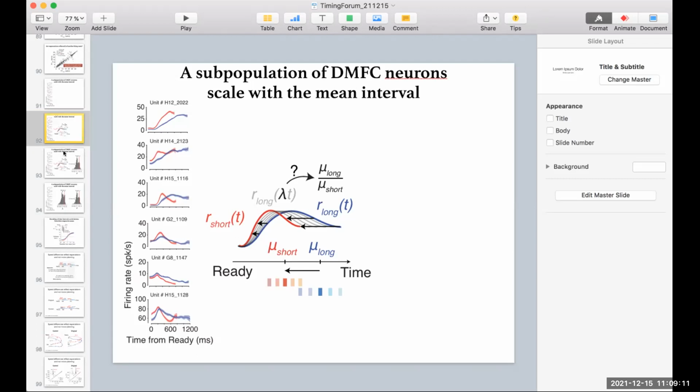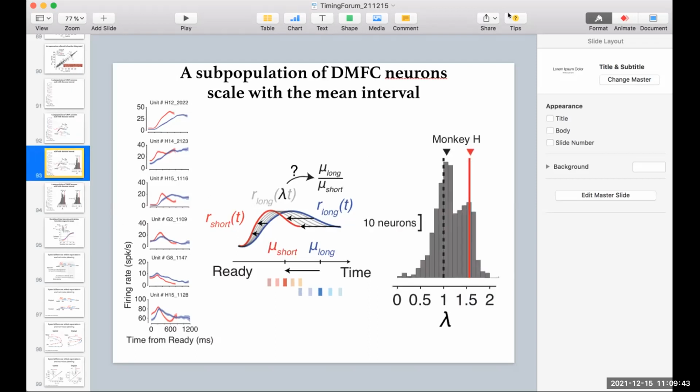Thanks for asking this question, because I wish I had time to show this, and now I can because of your question. I actually looked at the level of individual neurons, and I asked: if there is a scaling between the two conditions, I should just be able to take the pattern of activity of, let's say, this neuron in red, stretch it by some amount, and fit the blue pattern. That's the definition of scaling. I did that across all the neurons, and what I find is that the distribution of scaling factors is bimodal.